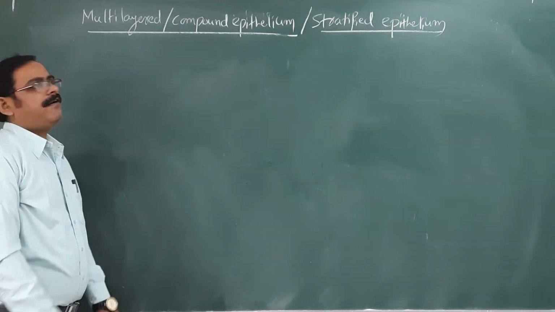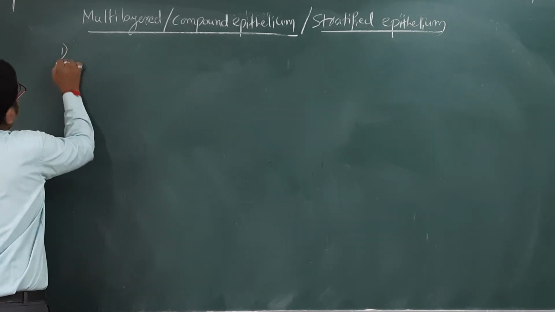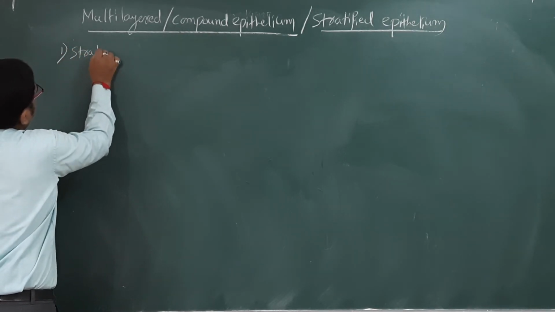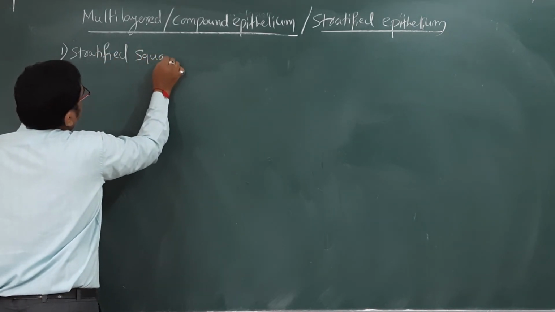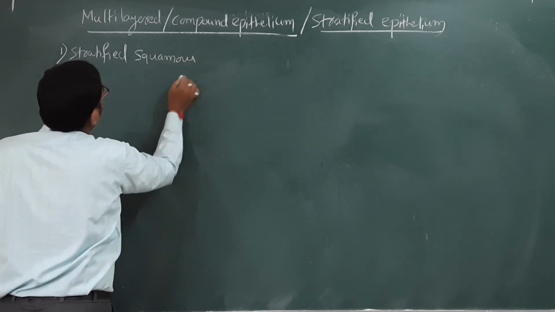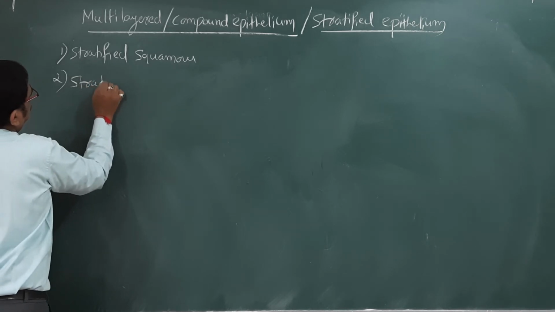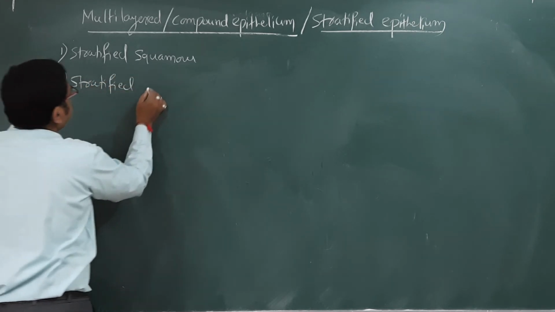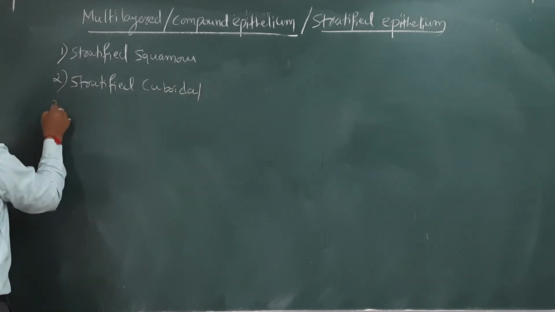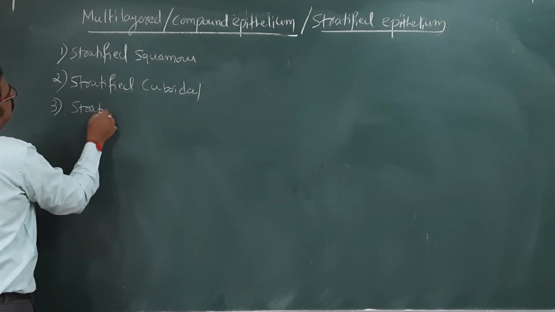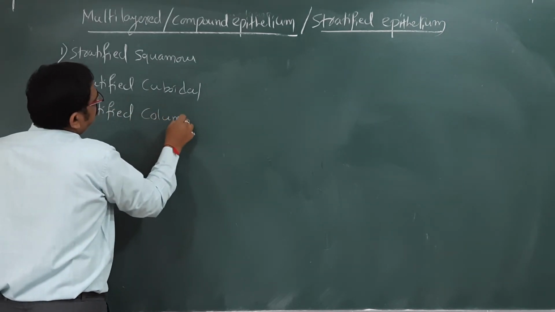How many types are there? Number one, stratified squamous epithelium. Number two, stratified cuboidal epithelium. Number three, stratified columnar epithelium.